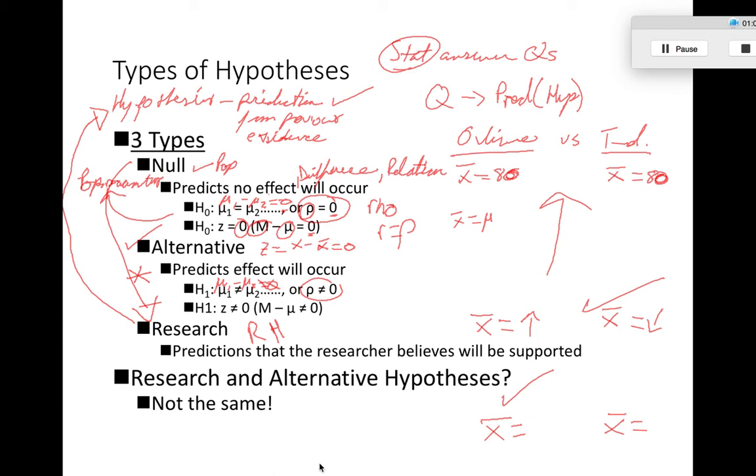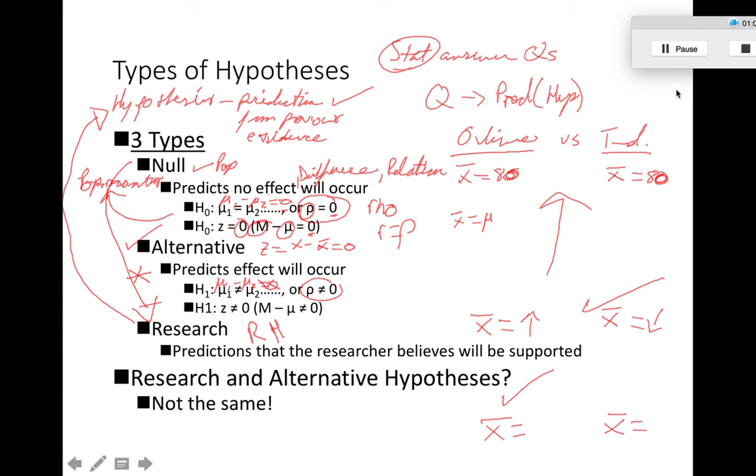So the research hypothesis may potentially be the null hypothesis, depending on what previous researchers have been telling you to do. Okay, that's very, very important. So for me, I do not believe that the research and the alternative hypotheses are the same thing. Because just me creating a new research study and adding in a manipulation doesn't necessarily mean that the groups should differ.